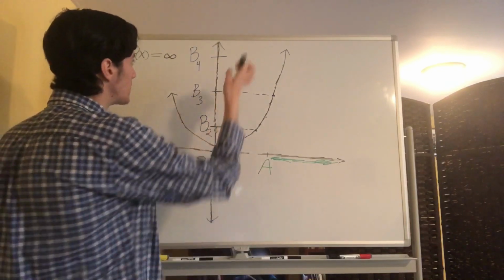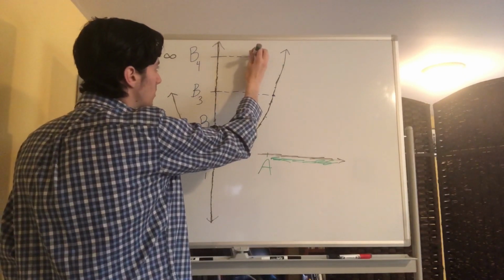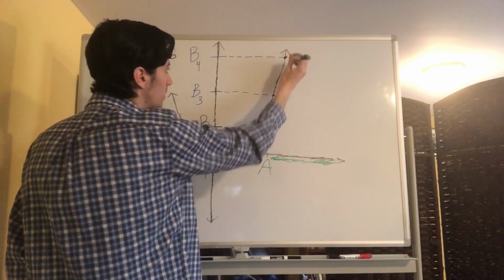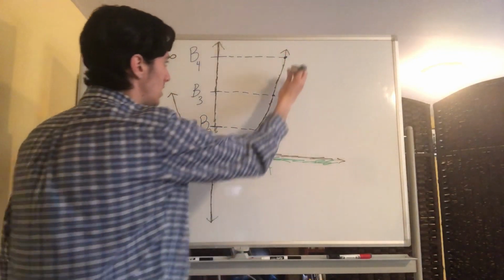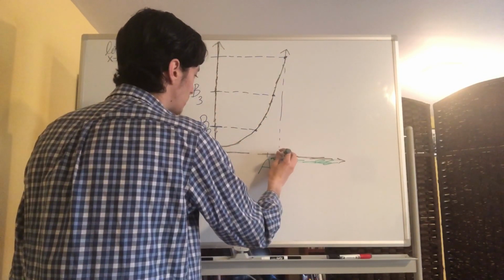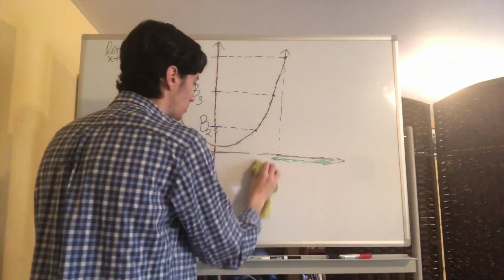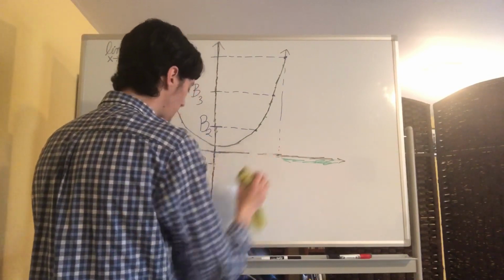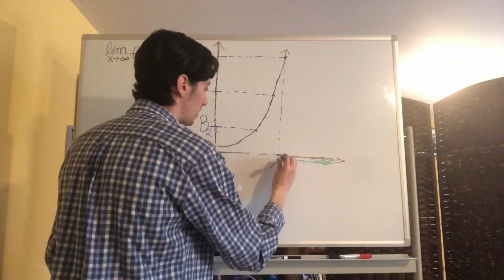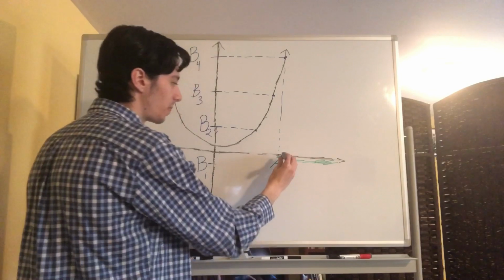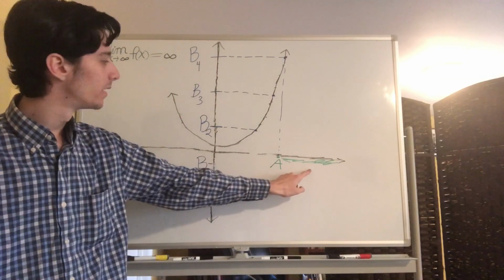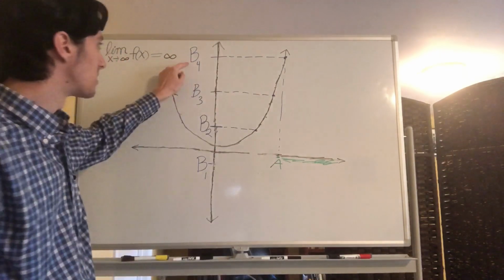So with b4 we say, and then we go down. All right, so all we have to do then is set our a here. So if x is greater than this a, then f of x will be greater than this b.